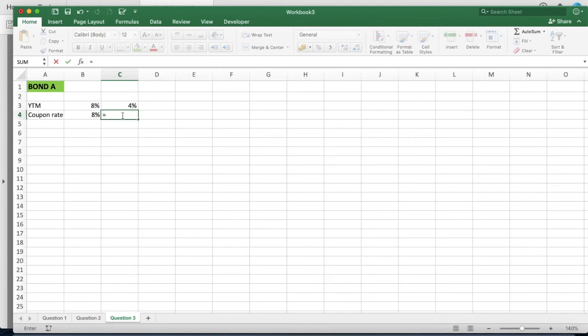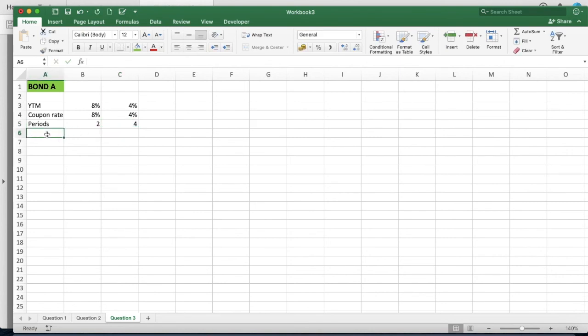It becomes 4% on a semi-annual basis. And we have number of periods. There are 2 in terms of years and 4 in semi-annual basis.